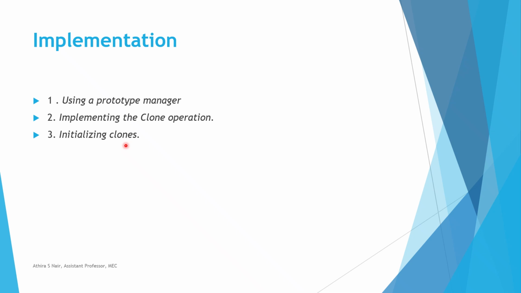Generally, you can't pass these values in the clone operation, so we have to initialize the clones. Some prototypes might need multiple initialization parameters, and passing parameters in the clone operation precludes a uniform cloning interface. So you can also introduce an initialization operation. It takes initialization parameters as arguments and sets the clone's internal state.